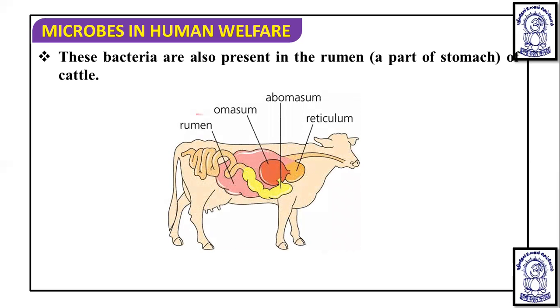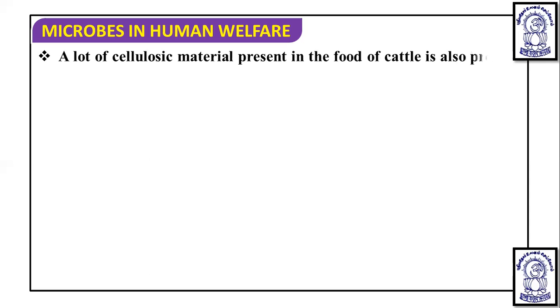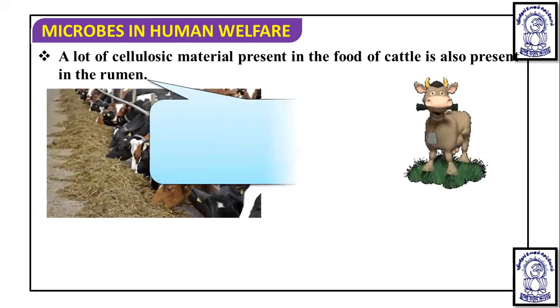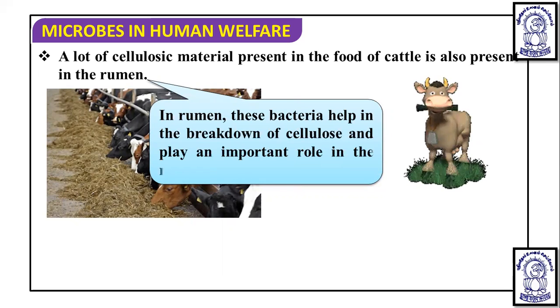In the rumen they help in the breakdown of cellulose and play an important role in the nutrition of cattle. A lot of cellulose material is present in the food of cattle, and in the rumen these methanogens help in its breakdown.